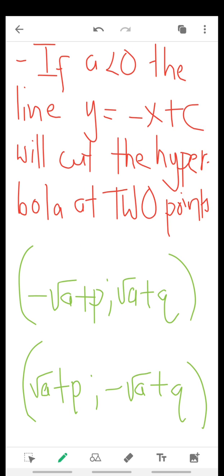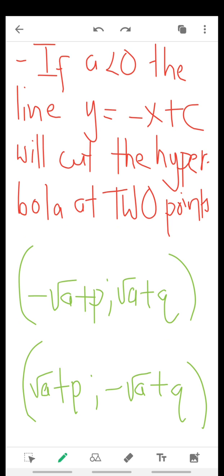And then also, if a is negative, then it means our two-piece function will be in the second quadrant and the fourth quadrant, and there will be 2 points that are intersected by the axis of symmetry, where its equation will be y equals minus x plus c. And the 2 points, remember, in the second quadrant, x values are negative, y values are positive, and this will be the point.